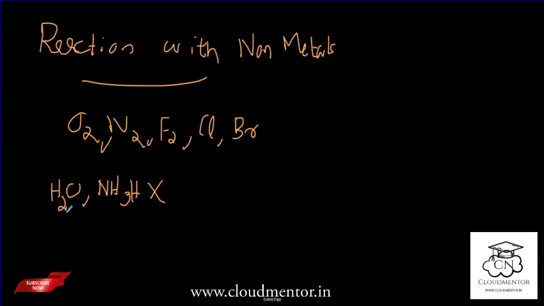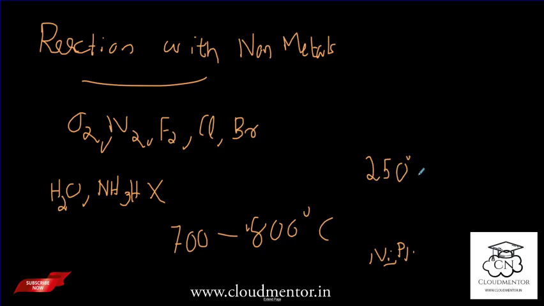To be converted into atomic hydrogen, either high temperature, that is 700 to 800 degrees Celsius, or a catalyst like nickel, platinum, or palladium is required, which brings the temperature down to about 250 degrees. After that, hydrogen molecules dissociate into atoms, and these atoms then combine with non-metals to form the required product.